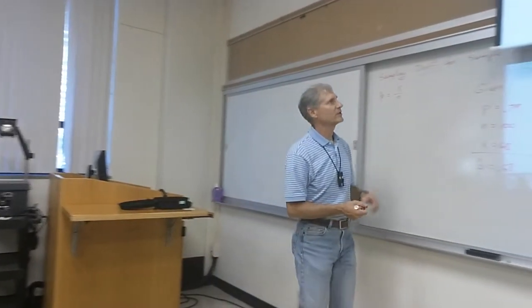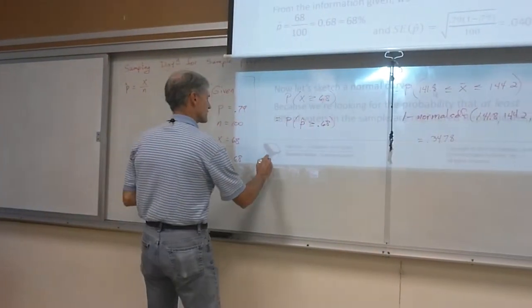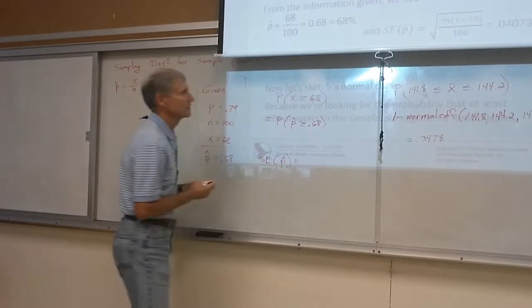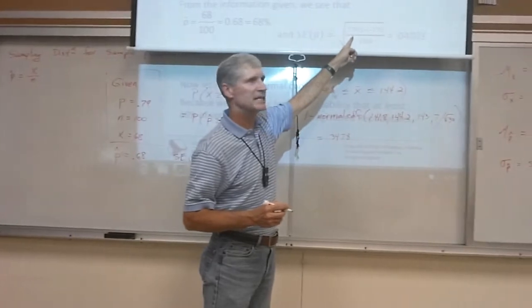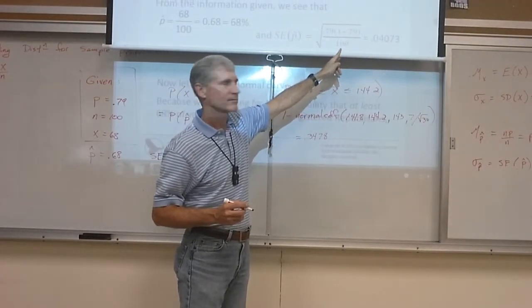The next thing we need to do is compute the standard error of p hat. So the standard error of p hat by the central limit theorem is the square root of p times 1 minus p over n.